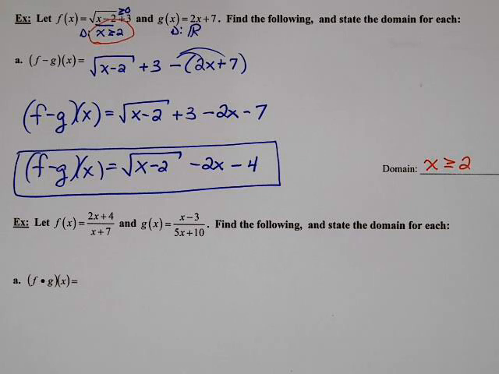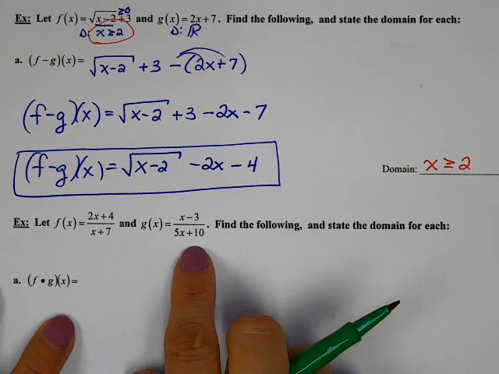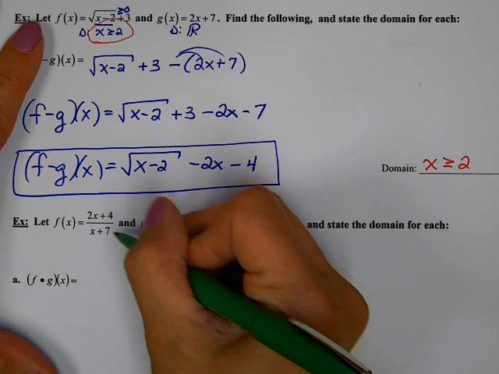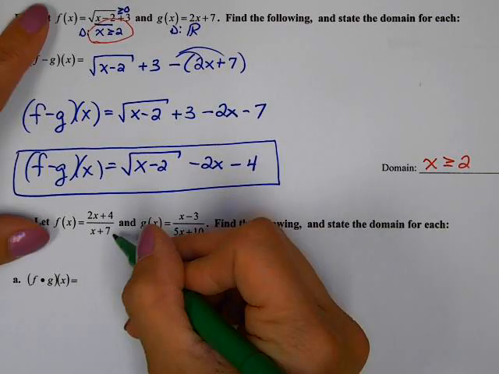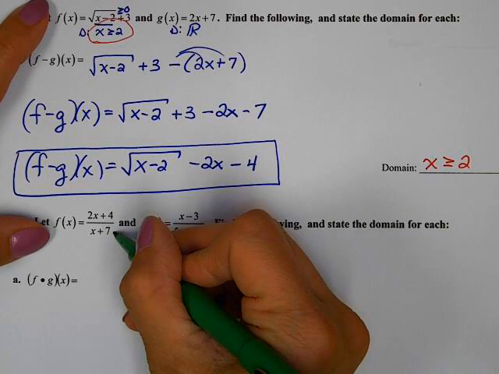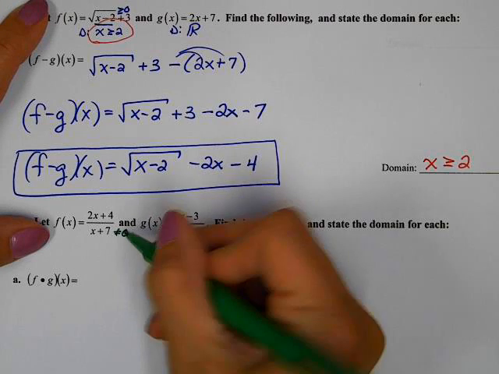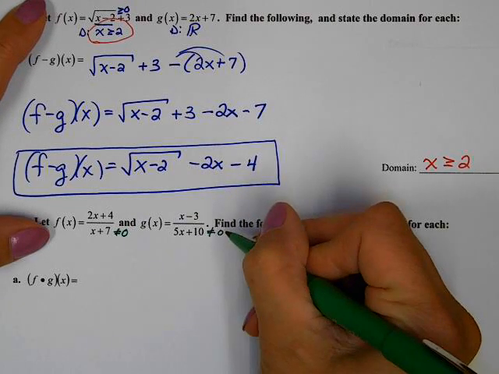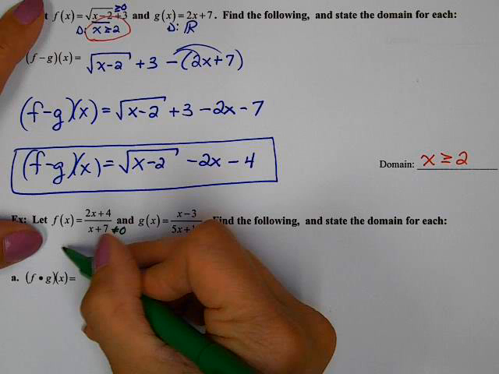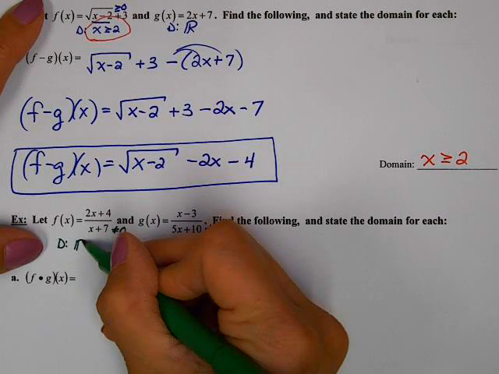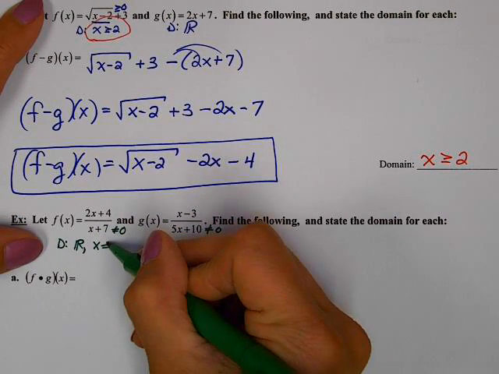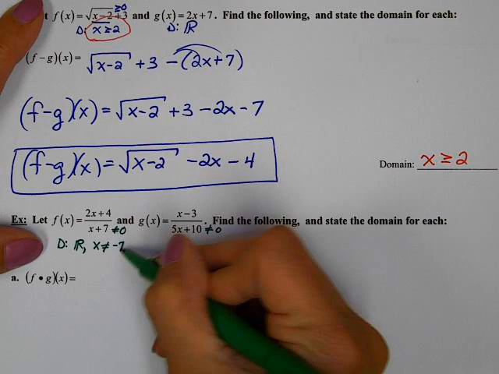All right, so we've got f of x, g of x. Let's state the domains. For f, whenever you see a denominator, the rule is denominators cannot equal 0. So the domain for f is all reals except the number -7.